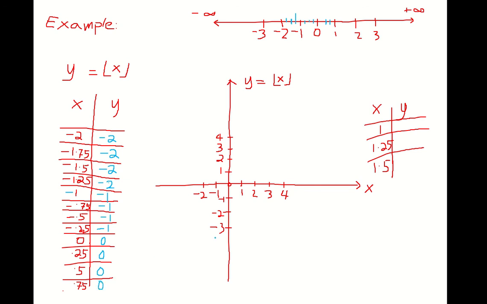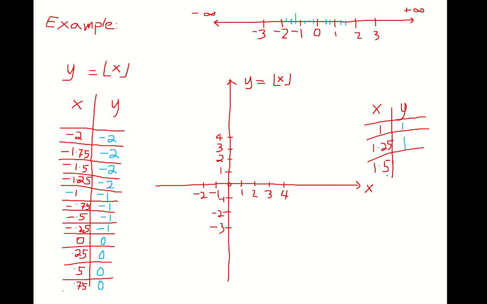And then we have 1. When x is equal to 1, the greatest integer function of 1 is also 1. And if you have 1.25, 1.25 is somewhere here. This is 1.5, so 1.25 is somewhere here. So round this down to 1. So this is also 1.